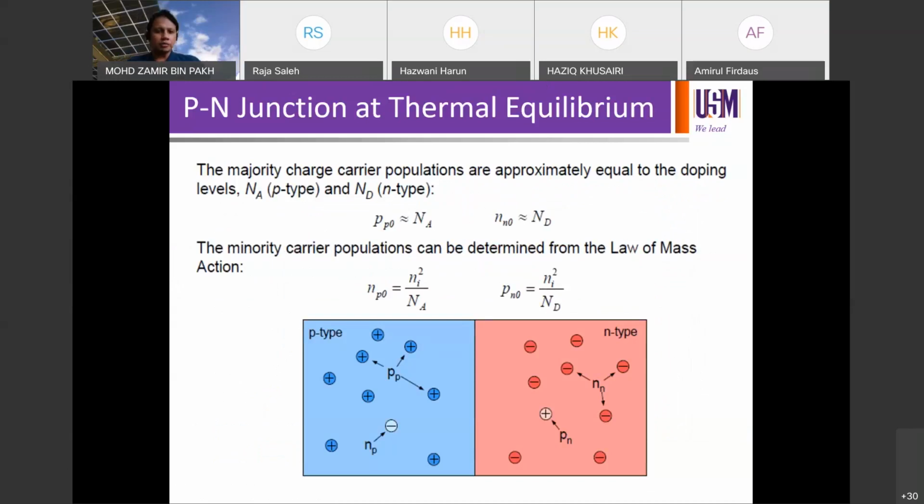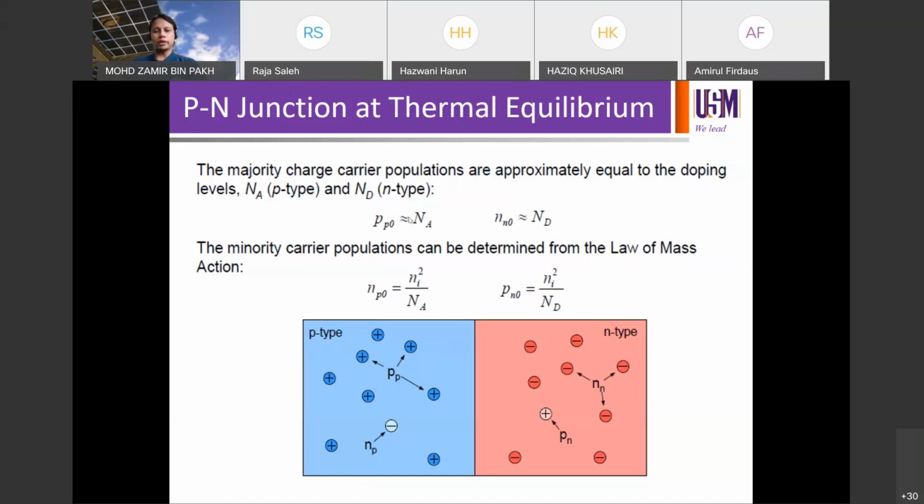So the majority charge populations are approximately equal to the doping level. We've discussed this before, and I've just reiterated the very same concept. In the p-type, the density of holes as the majority carrier will be equal to Na, and in the n-type, the density of electrons, which is the majority carrier, is equal to Nd, right?